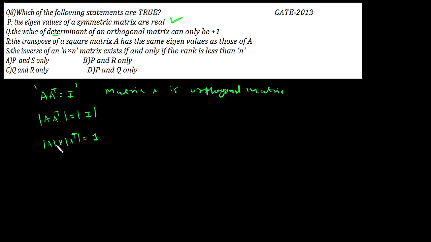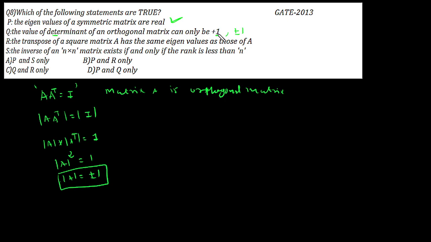Now again, the determinant of any matrix A and its transpose are exactly the same. So here I can write determinant of A squared will be 1. So let's find the value of the determinant. Here I am getting plus or minus 1, but in the statement it is given that it can be only plus 1. But if this condition is written in this way, plus or minus 1 instead of plus 1, then this statement is true.